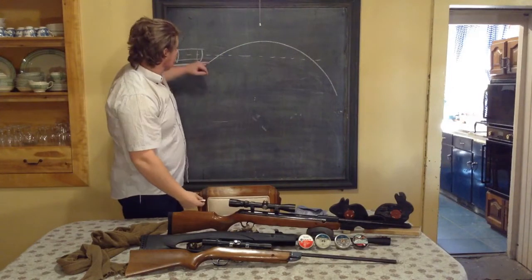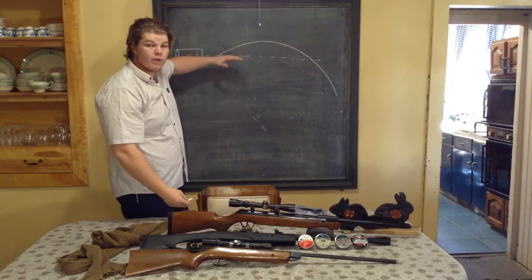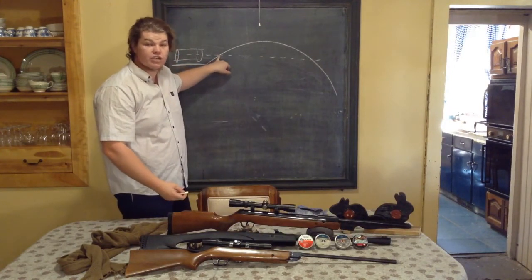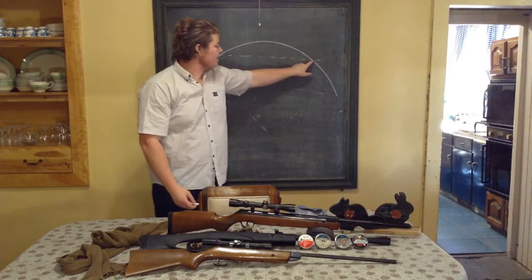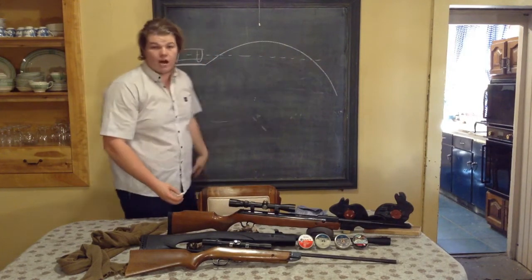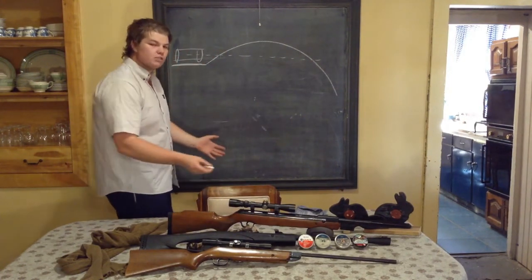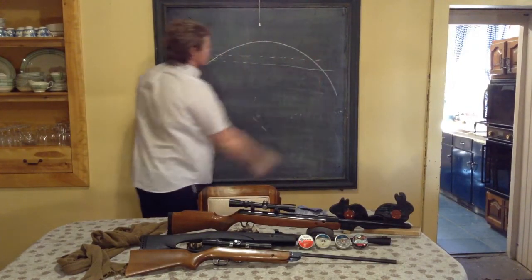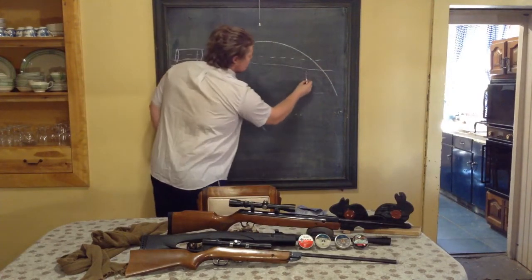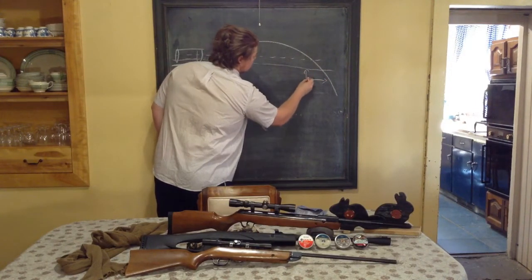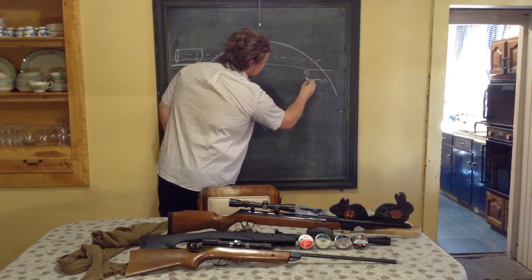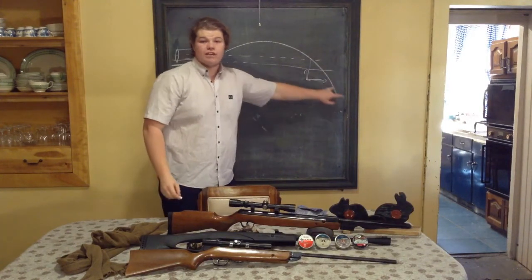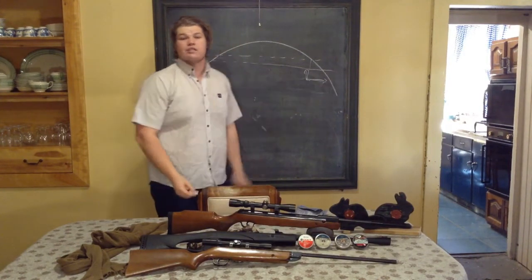Alright, so now when we move our scope adjustments up, we're moving the first point of intersection closer to the rifle, and the second one will thereby be going further out. So now we've maxed out adjustments on the scope and we've just gotten to there. As you can see, we are getting a little bit more range from maxing out our adjustments, but that's not going to give us 150 or 200 meters.